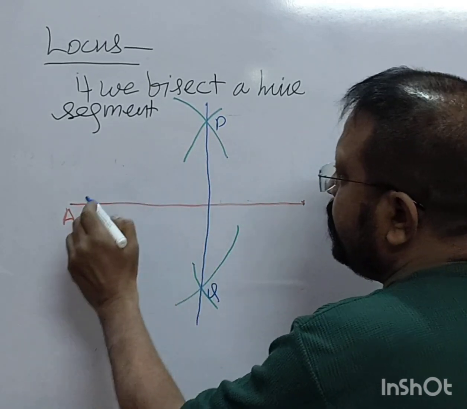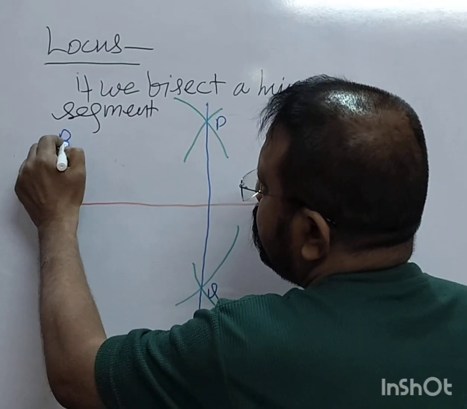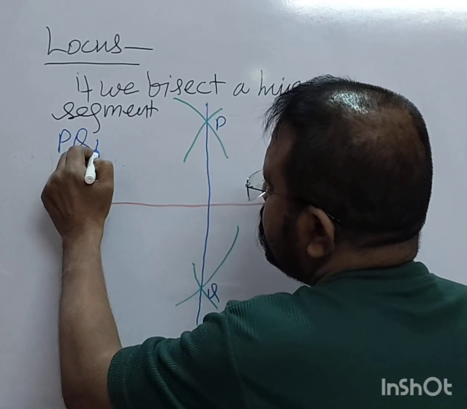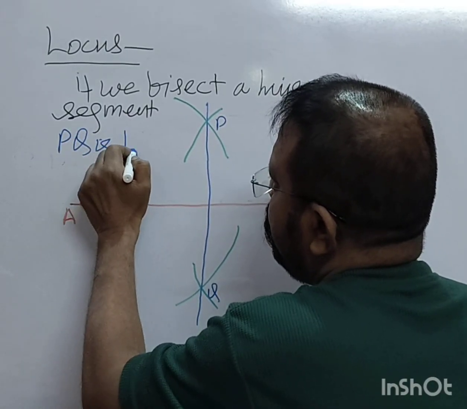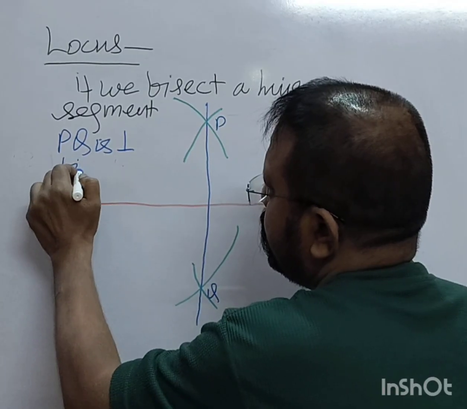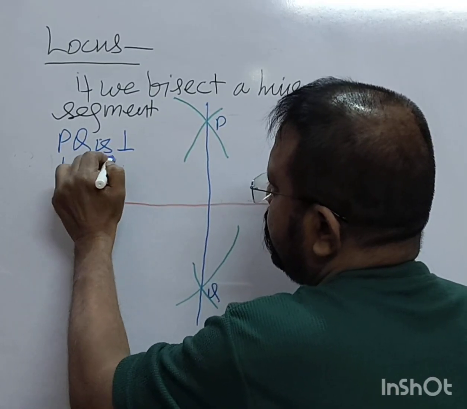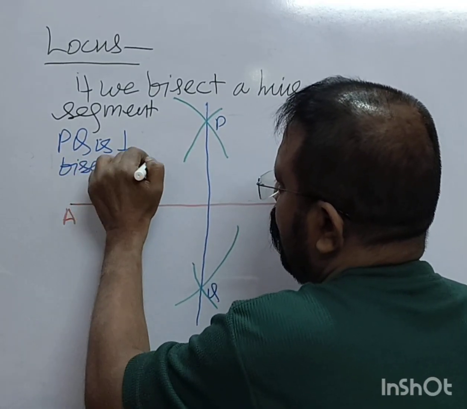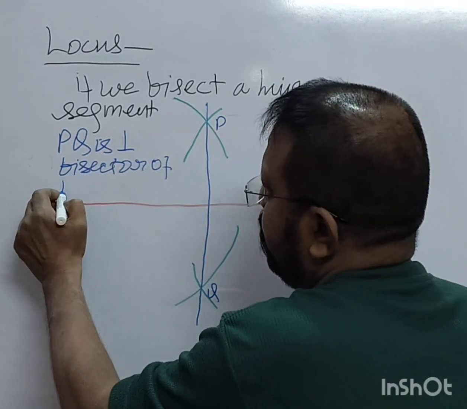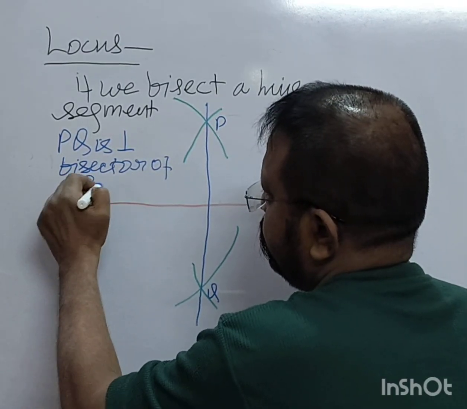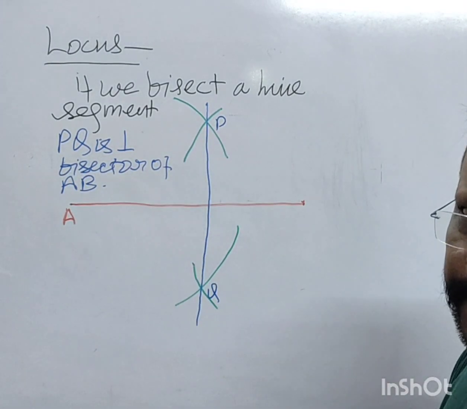So PQ is the perpendicular bisector of AB, right?